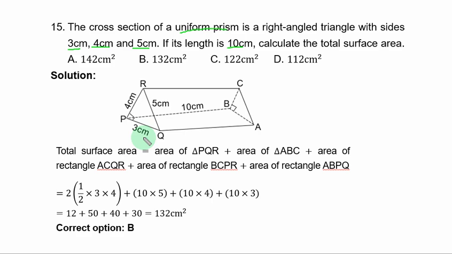For the total surface area, before that, the length is that line that is joining the uniform faces together. That is the two triangles. For the total surface area, you have to look at the area of all the figures that make up the prism.